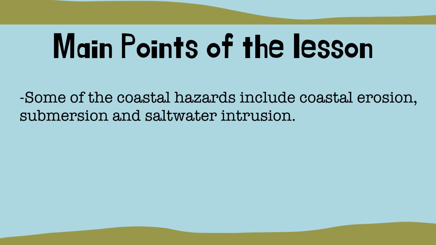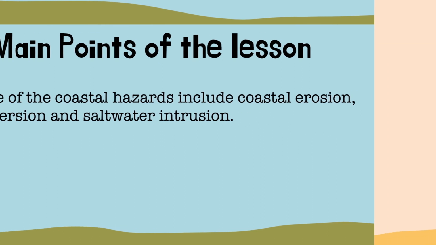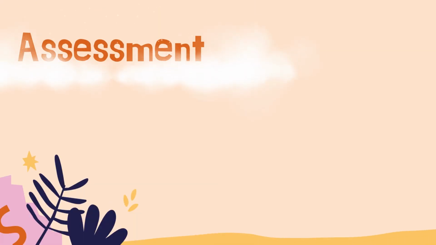Do you have questions? Clarifications? If there is none, let's go to assessment. Now for the assessment, what I want you to do is to open your modules in hydrometeorological hazards and marine and coastal processes module.